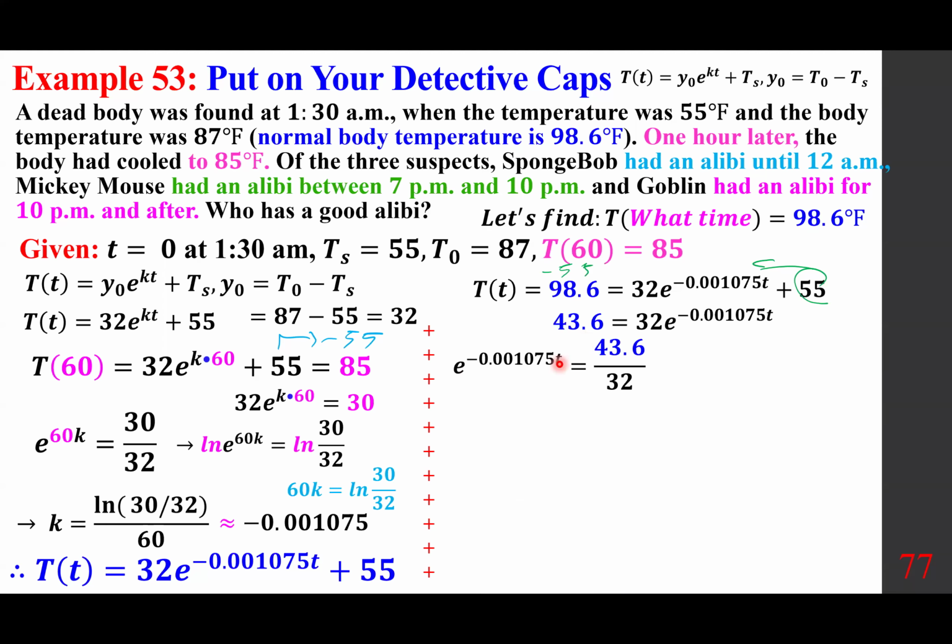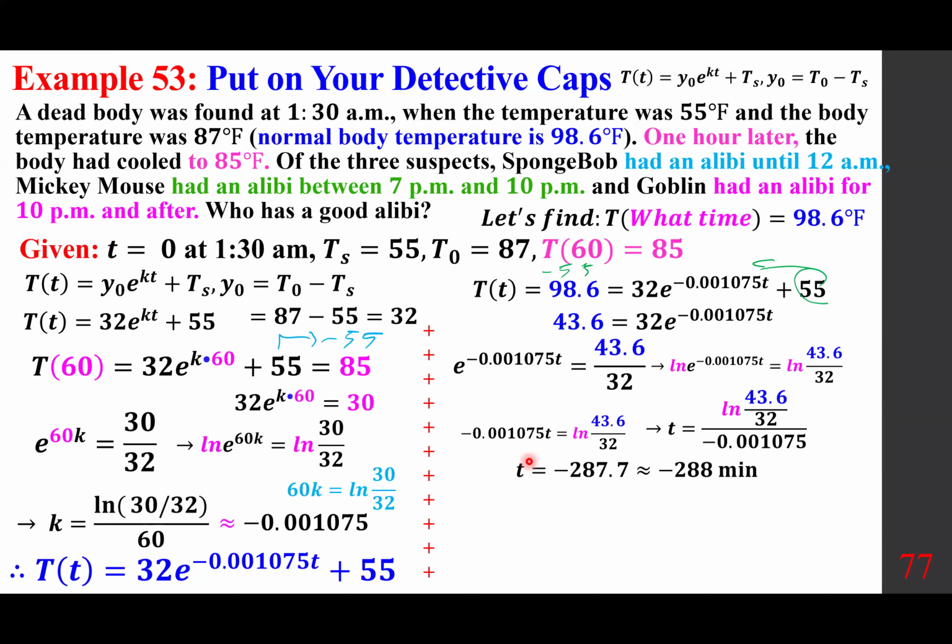Because the base is e and we are solving for t, take a natural log of both sides, and the left side just becomes the exponent. Since we are solving for t, divide by the coefficient of t. Put it into a calculator, resulting in negative 287.7, about negative 288 minutes.